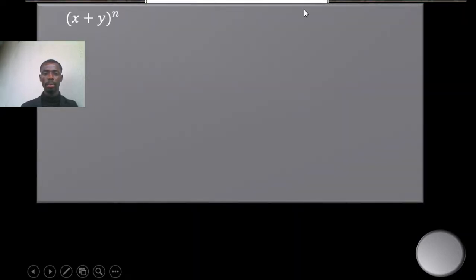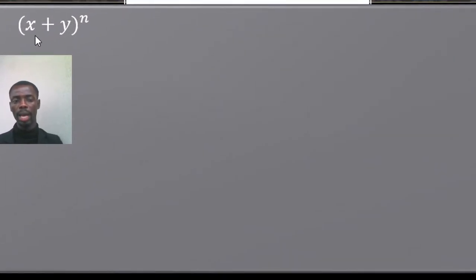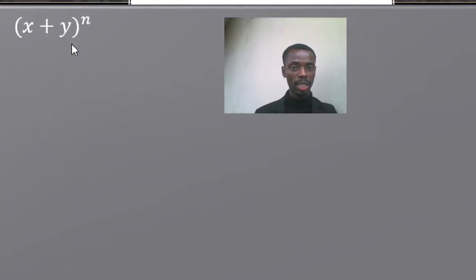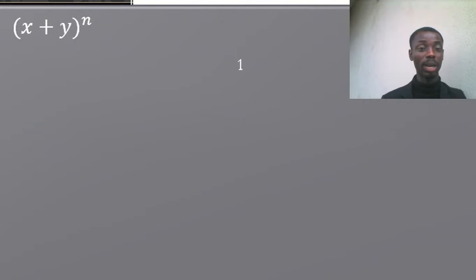This is a binomial expansion when (x plus y) is raised to the power of n. Now, we are going to be constructing a Pascal's triangle, starting with 1 here. This 1 connotes the value of this expansion when n equals 0.